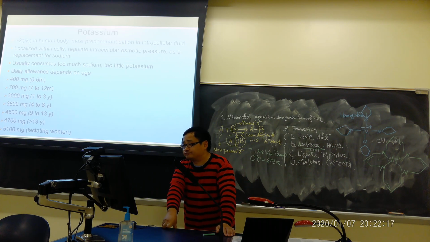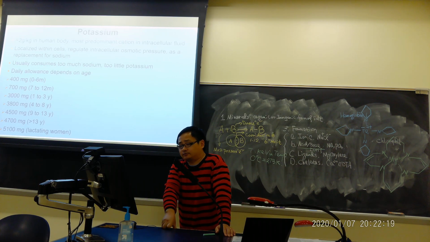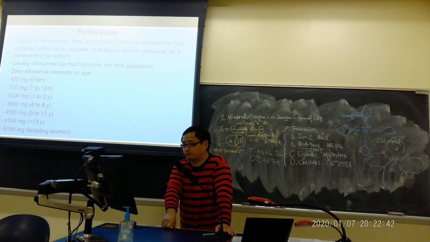Second is potassium. Potassium is about 2 grams per kilogram in the human body, and it's most predominant in the intracellular fluid, where most of the time it regulates osmotic pressure. If there is not enough sodium, it will play a role as an alternative for the sodium to make sure of the osmotic balance.